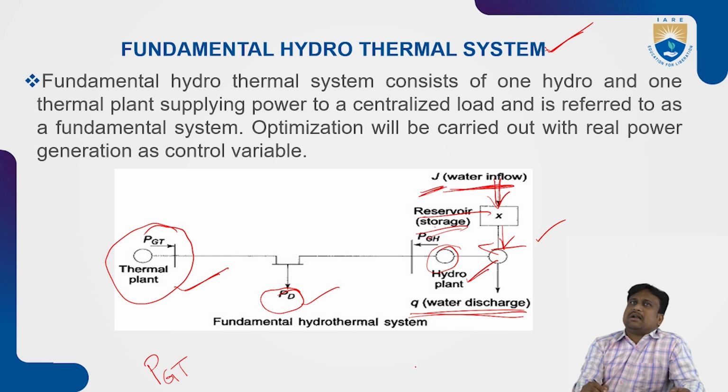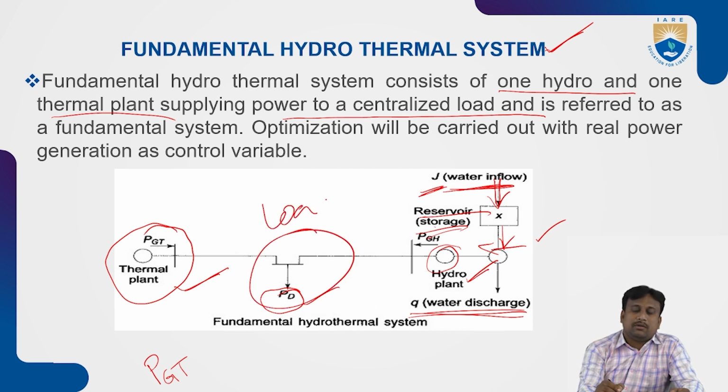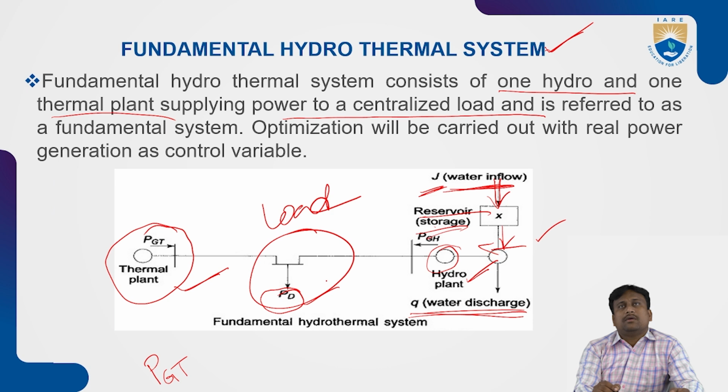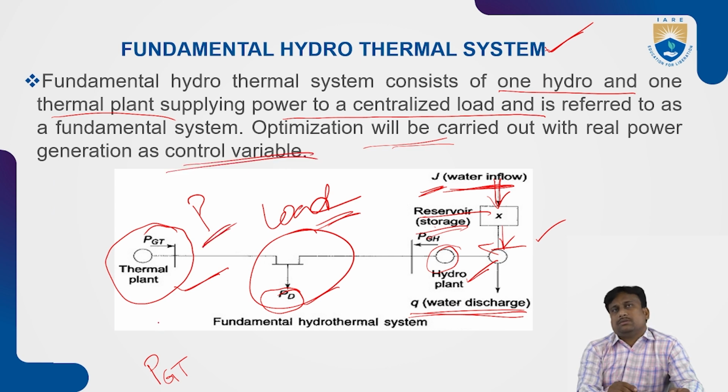So the fundamental hydrothermal system consists of one hydro and one thermal plant supplying power to a centralized load. This is your centralized load. For this load, which is treated as the fundamental system, optimization will be carried out with real power generation, executed under control variables.